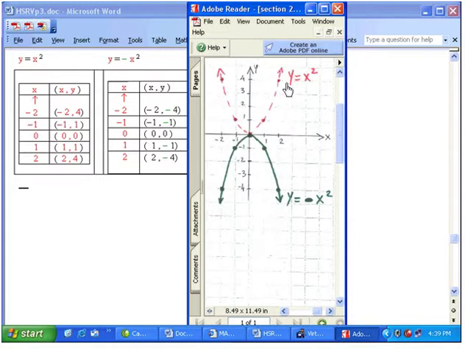And we do say that to go from y equal to x squared to y equal to the opposite of x squared, that green graph, we have a reflection, like a mirror image, in the x-axis. The x-axis acts like a mirror over here.